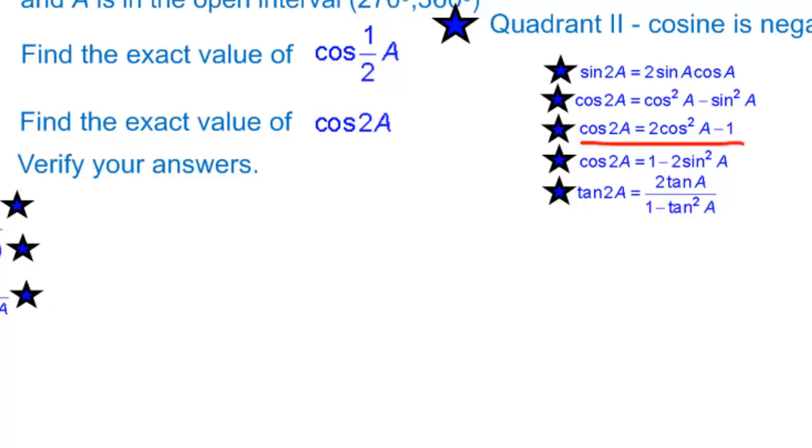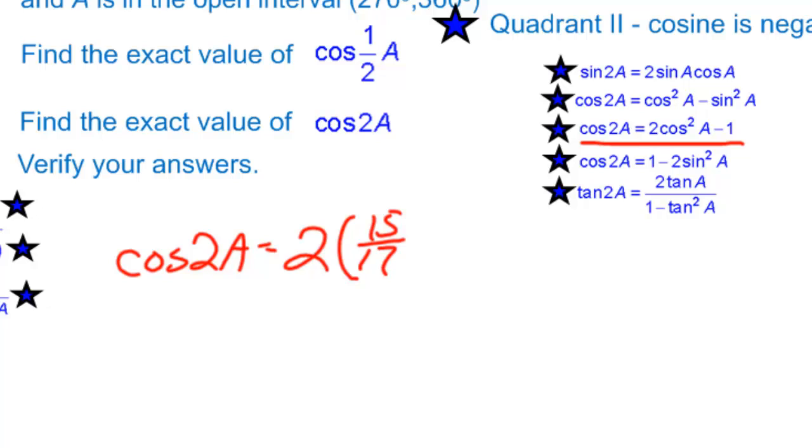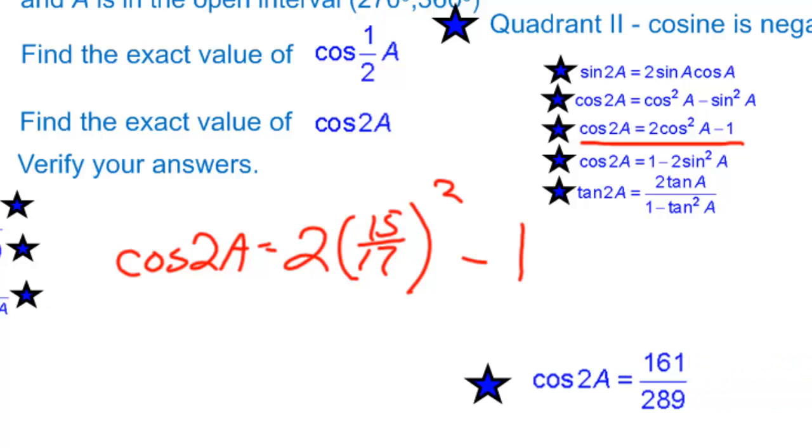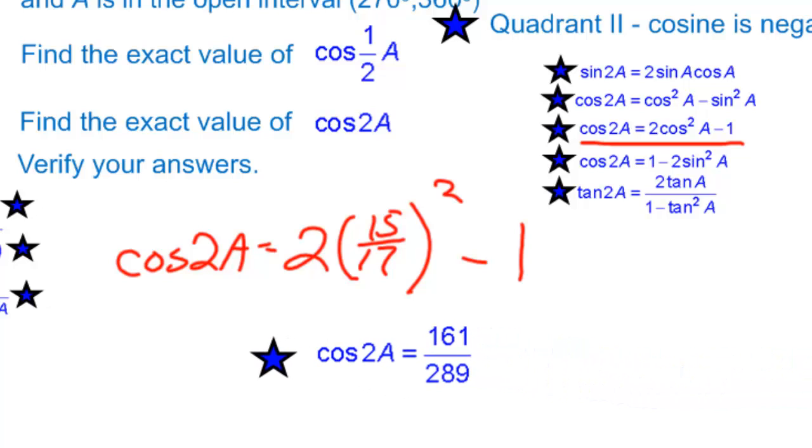So cosine 2a is going to be equal to 2 times the cosine squared, so 15/17 squared minus 1. And if we do the math, we will find out that our answer is equal to 161/289.